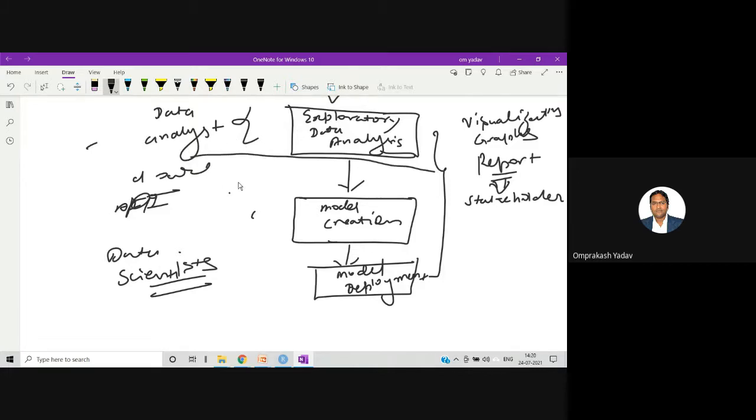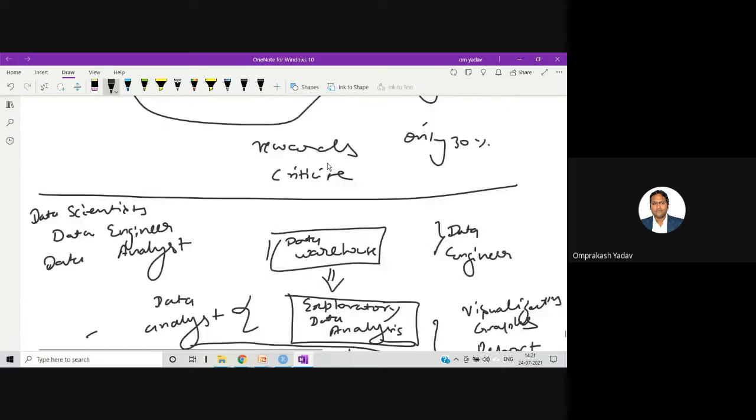A data analyst cannot work as a data scientist, because he doesn't know how to create the model, how to deploy the model, or how to select a particular algorithm for a particular data set and then create the model. So there is a distinction. Data scientists can work as a data analyst.